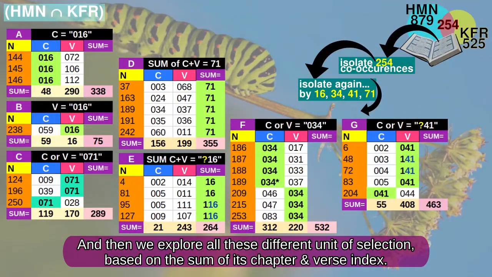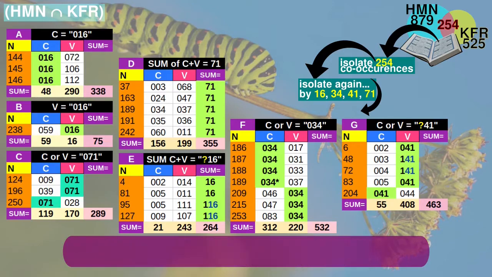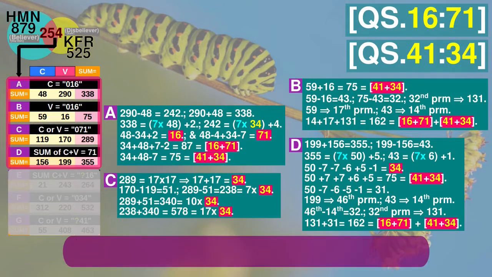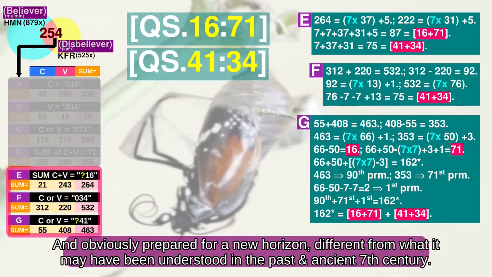And then we explore all these different units of selection, based on the sum of its chapter and verse index. And surprise ourselves how all these numerical elements of believer and disbeliever are secretly designed by algorithm, and obviously prepared for a new horizon, different from what it may have been understood in the past and ancient 7th century.